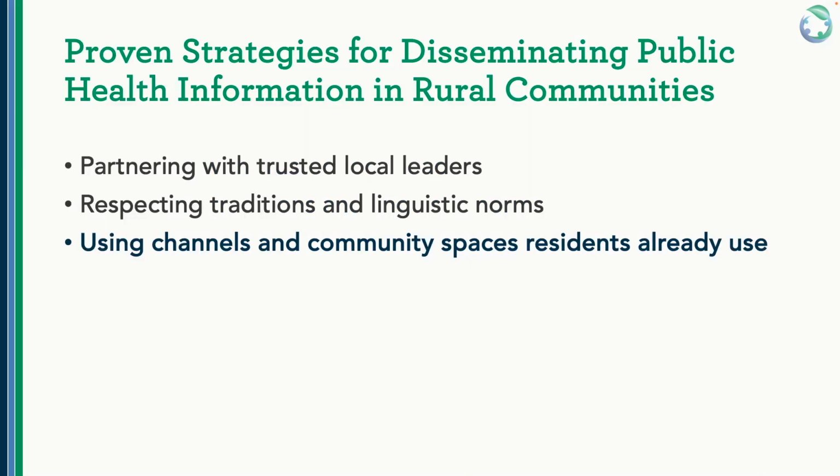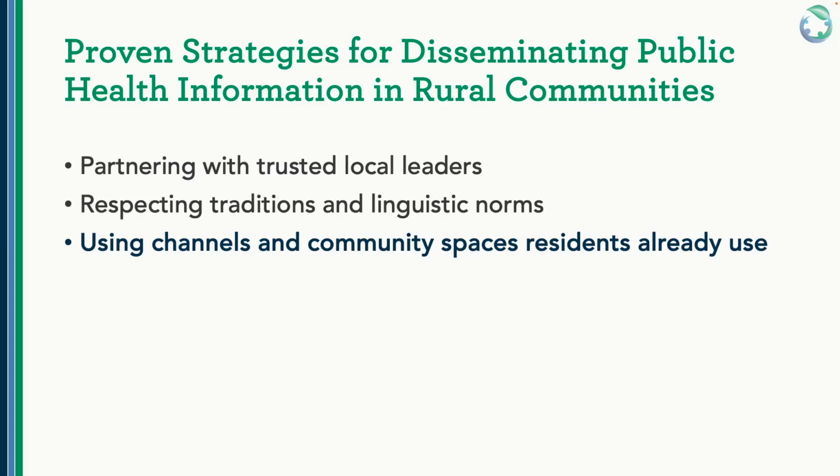An additional strategy is using the channels and community spaces residents already use. Messages are often more effective when shared in everyday community spaces, such as church gatherings, volunteer fire stations, livestock auctions, and potlucks. Events such as health fairs, town halls, community fairs, and sports games also provide informal yet impactful platforms for dissemination.